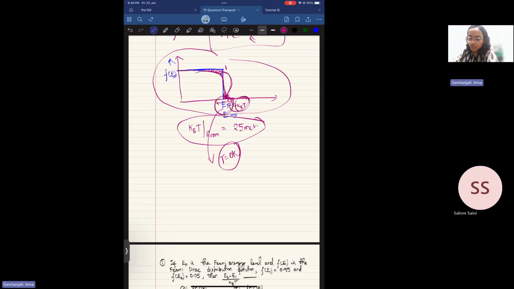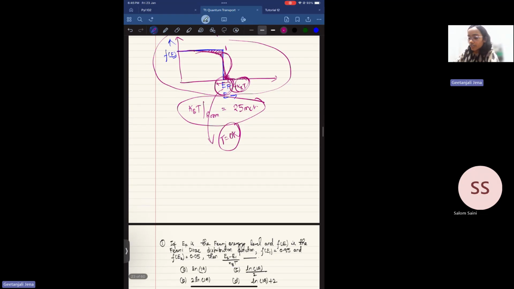To consider what is happening to the charge carrier in lower dimensions, we need to see whether there is an available state in the band close to the Fermi energy level, as we saw in the previous slide.